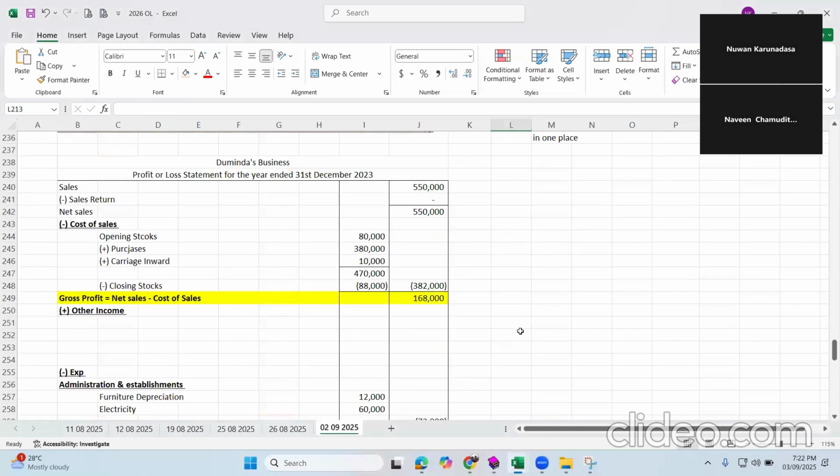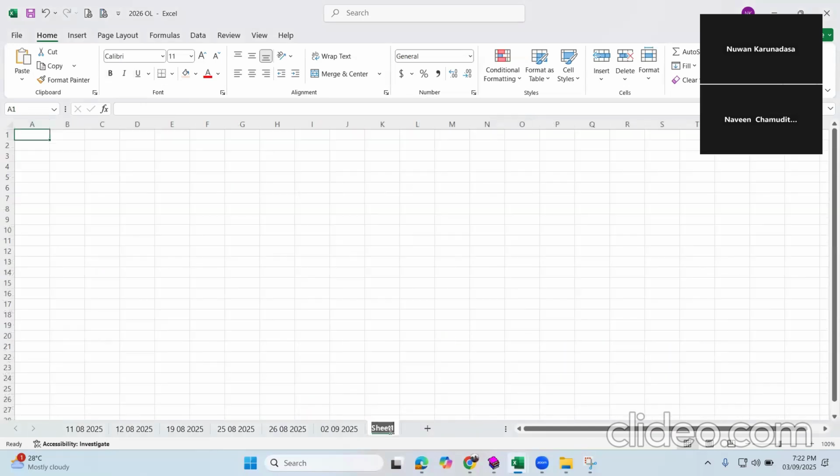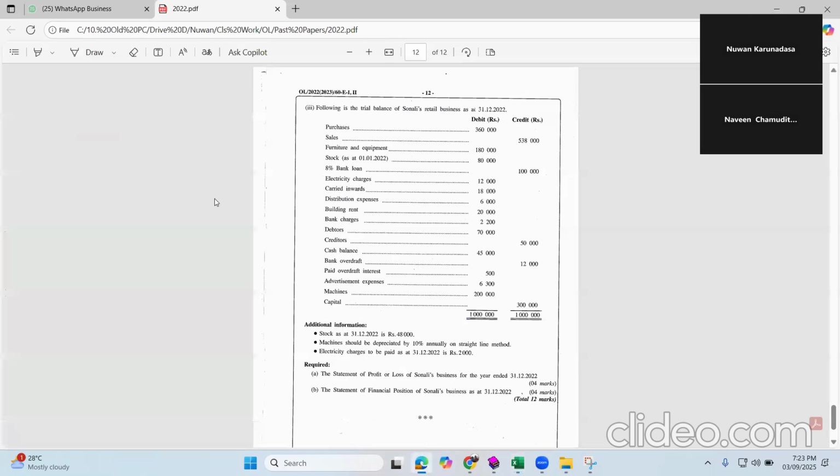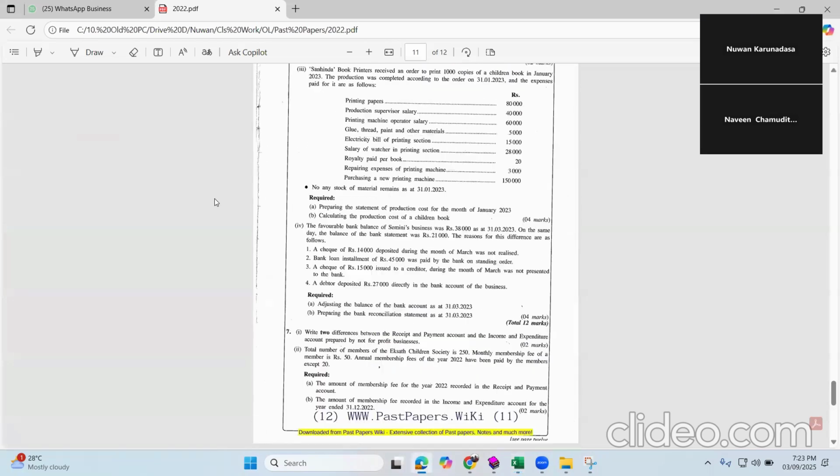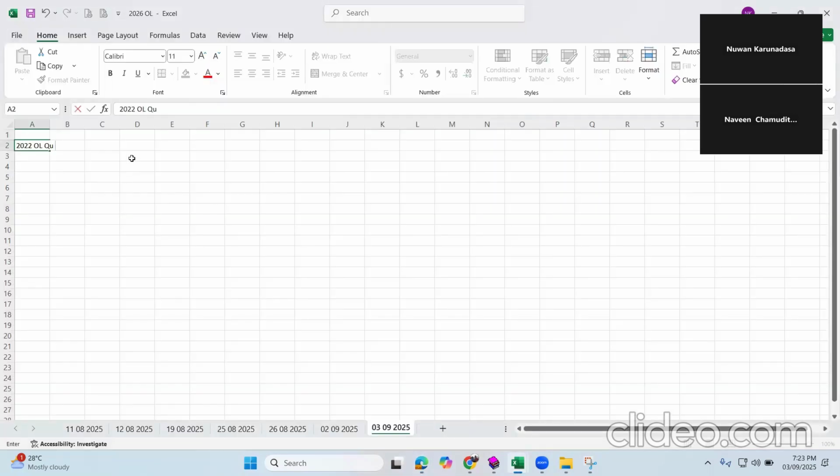Right. So we will do today, 3rd September 2025, the 2022 O level question 7-3.